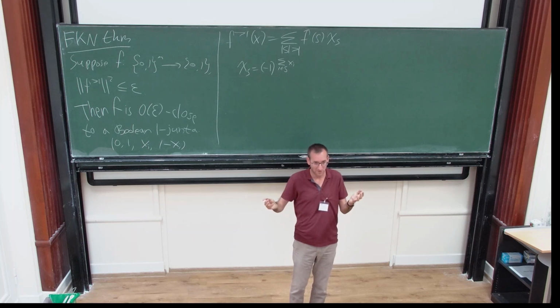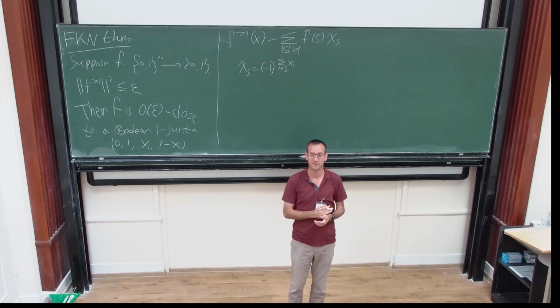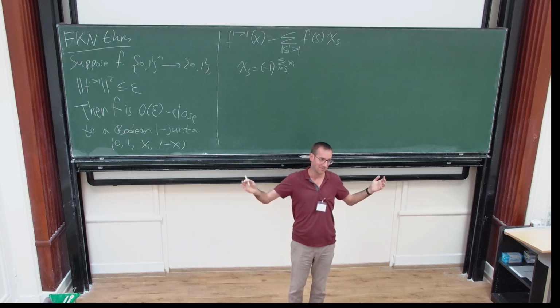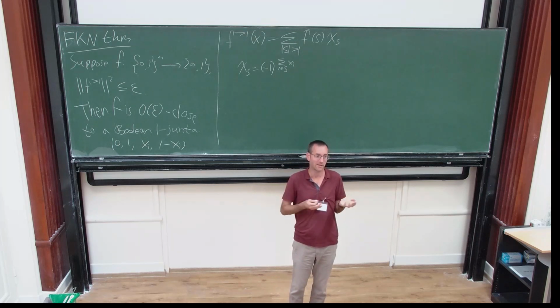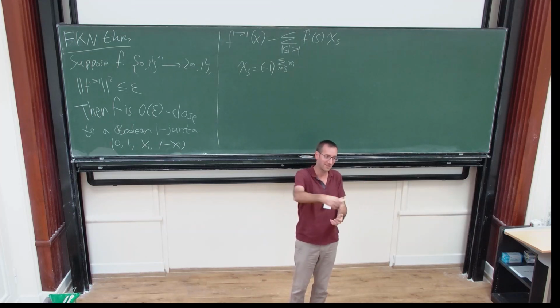And technically, we use the Berry-Esseen theorem, which can be proved using some sort of induction. You can also hide this induction inside the sum if you want, and then you don't have any induction. There are several different proofs of this FKN theorem, and in some sense, they're all similar. They just put the induction in a different step of the proof.